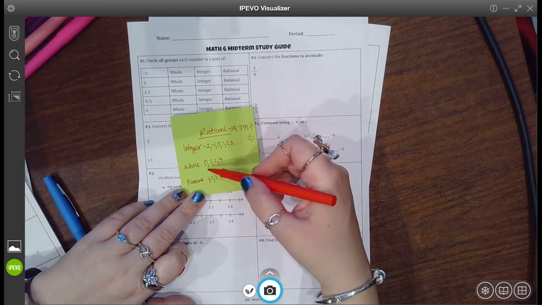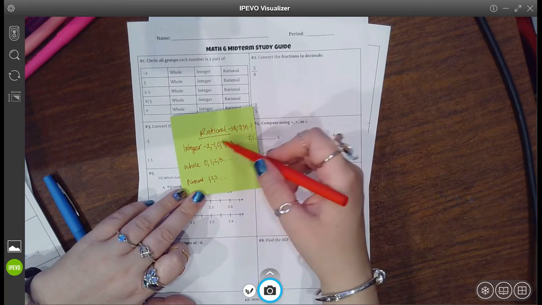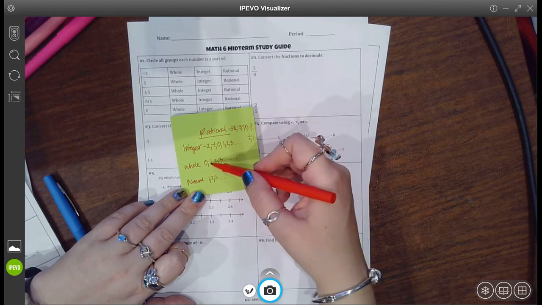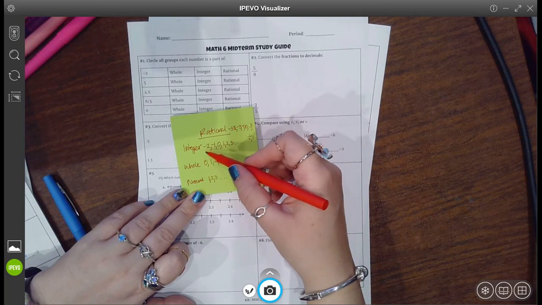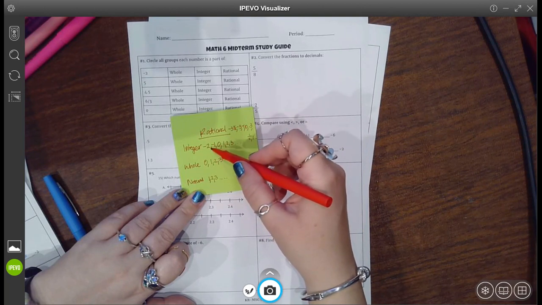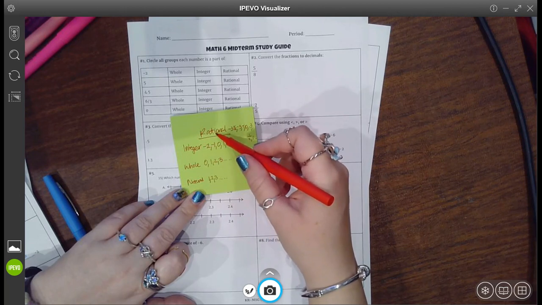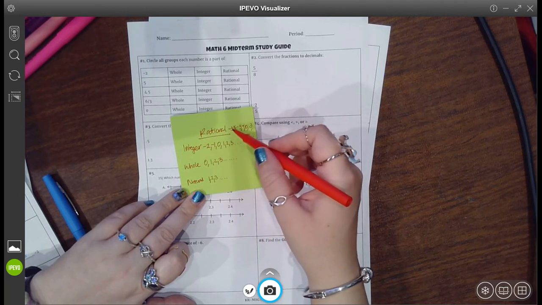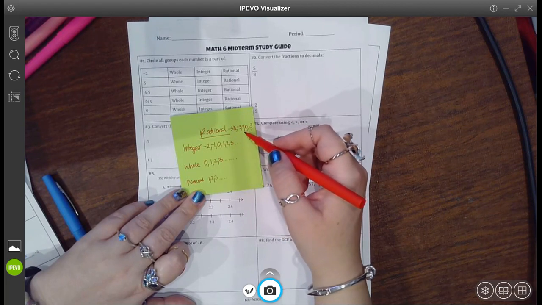So if something were a whole number, it's whole and integer and rational because 0 is included in all these sets. 1 is included in all these sets. But if it's a negative number, negatives aren't included in whole numbers. So a negative whole number would be just an integer and rational. And then rational is all of the positive and negative, any number that can be written as a fraction.